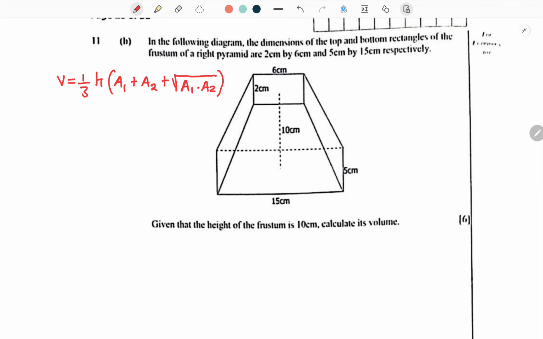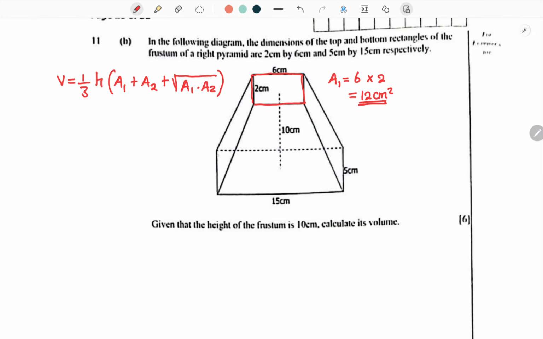Now, this is what you're going to do. This that you have on top here, you are going to find its area. So this becomes area 1. And then it's calculated by 6 multiplied by 2, which is going to give you 12 centimeters squared.